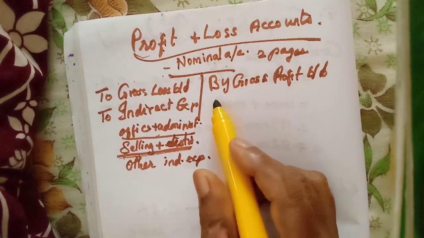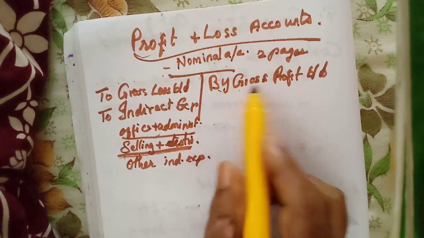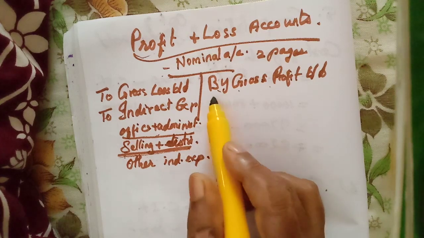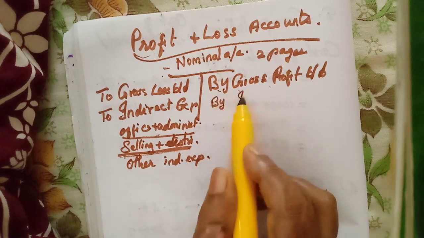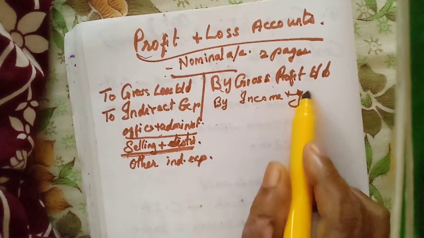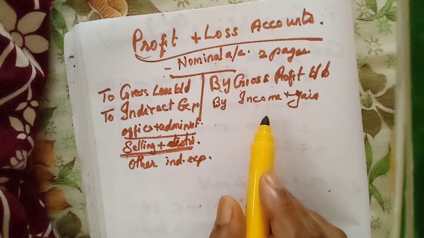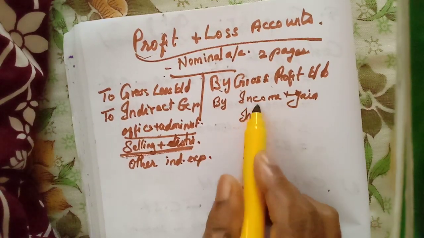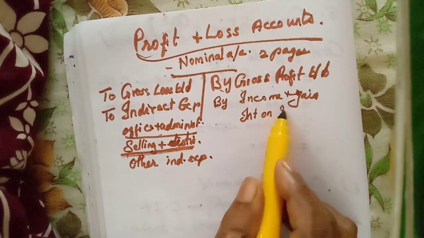Again, on the credit side, it starts with gross profit, then other income and gains. What are the income and gains?